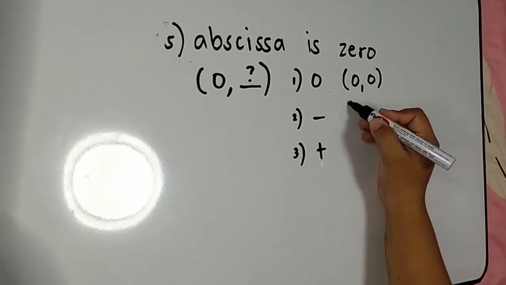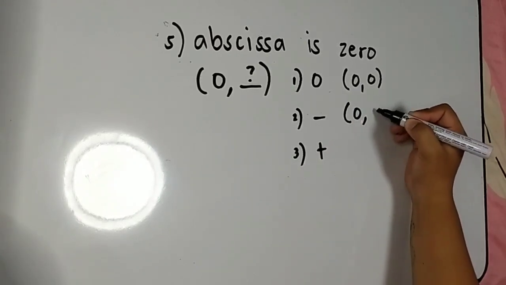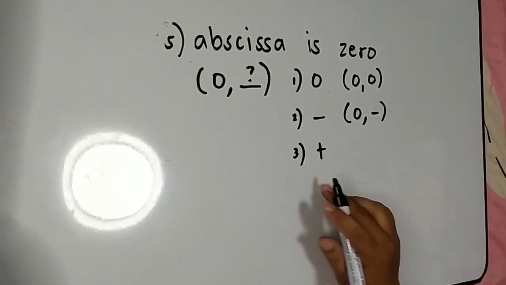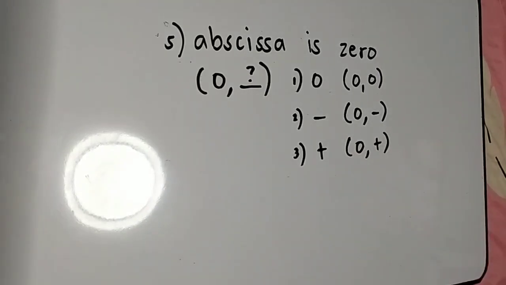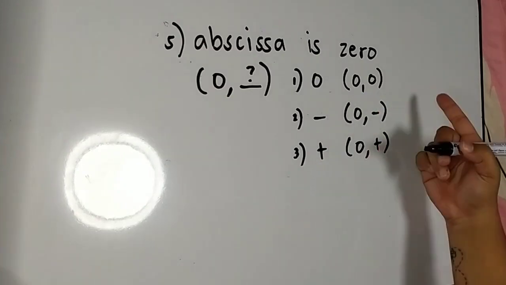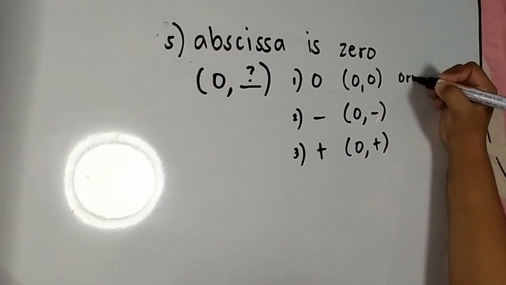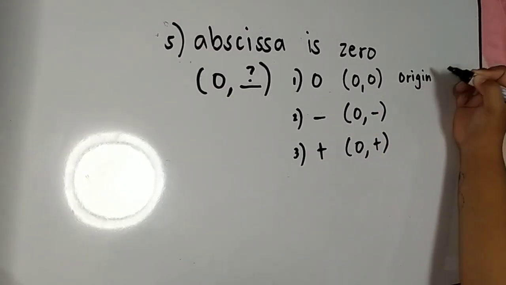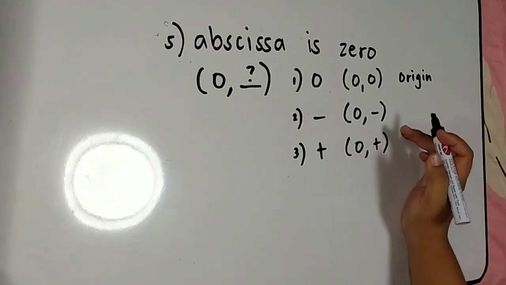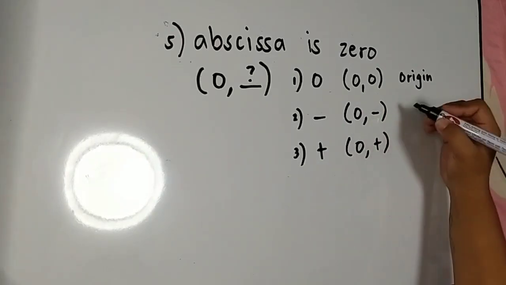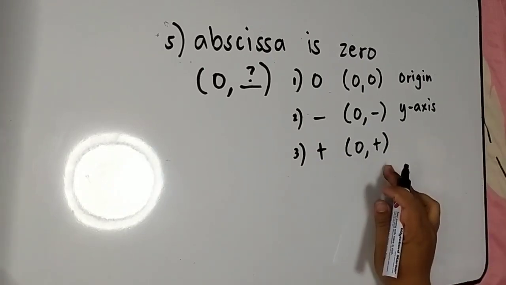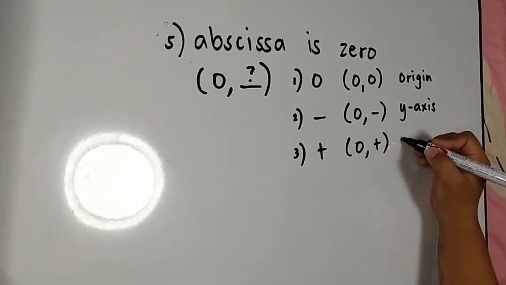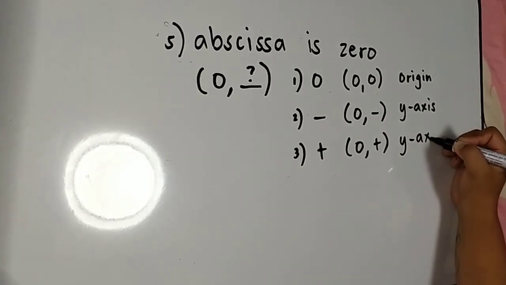Kapag negative si y, you have 0, negative. Kapag positive si y, you have 0, positive. Then, yung locations nila, 0, 0, of course, nasa origin. 0, negative, so si y lang yung may value, so na kay y-axis. 0, positive, again, si y lang yung may value, kaya sa y-axis din.